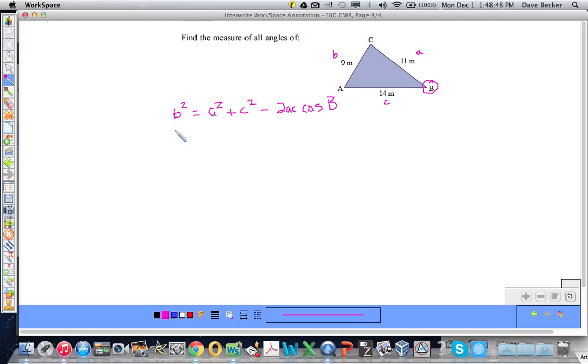So for B, that would be 9 squared, or 81, is equal to 11 squared, or 121, plus c squared, which is 14 squared.